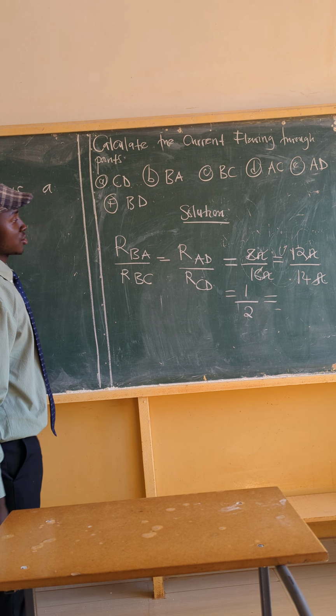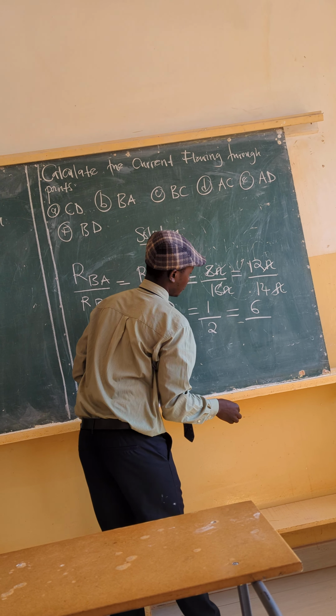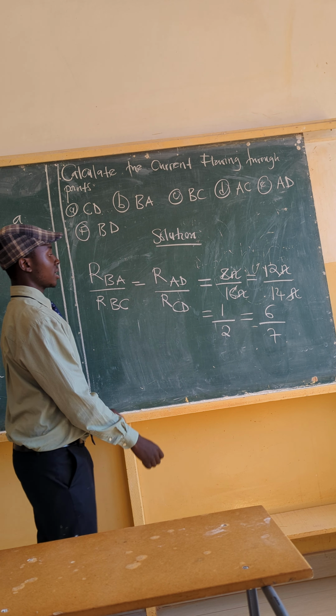We can use 2: 2 into 12 is 6, then 2 into 14 is 7. So as you can see, this ratio 1 over 2 is not equal to 6 over 7. This is not the same, so we conclude that the bridge is unbalanced.